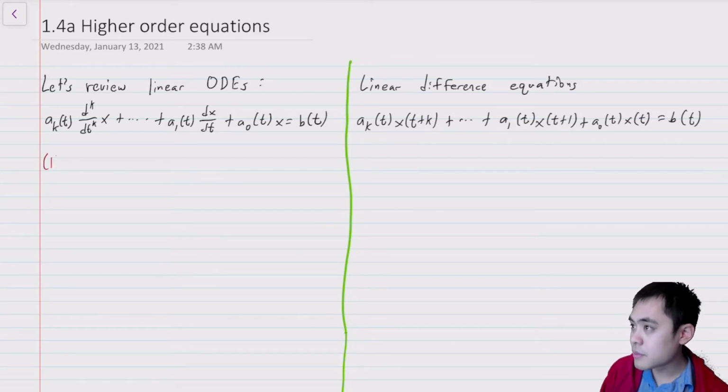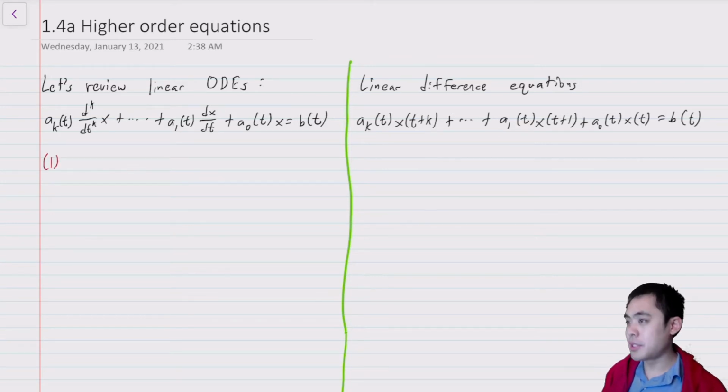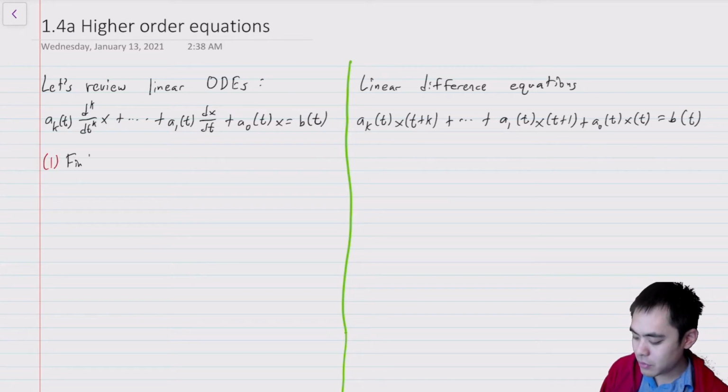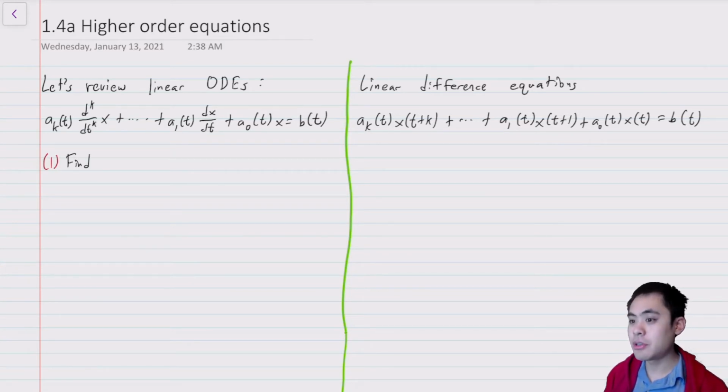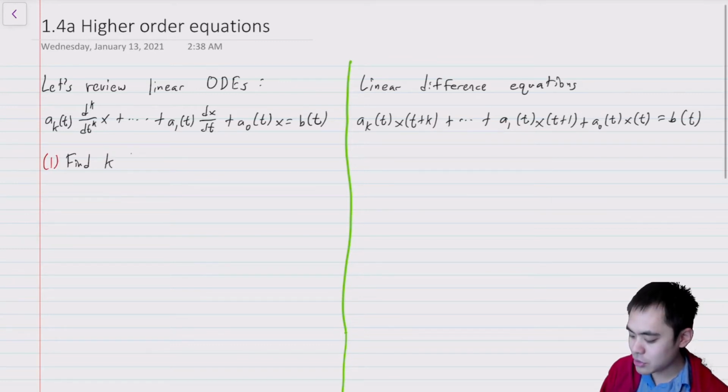So, how do we solve these things? Let's recall that for solving linear ODEs, the first thing we do is we find k linearly independent solutions to the homogeneous equation. So that's when we're setting b of t equal to 0.